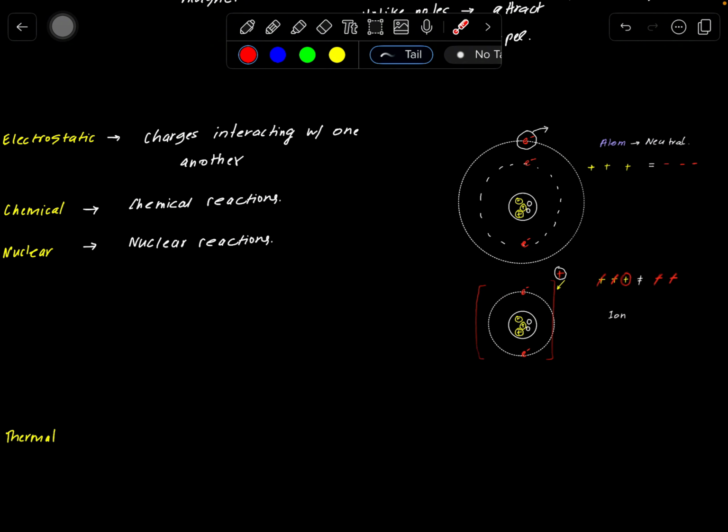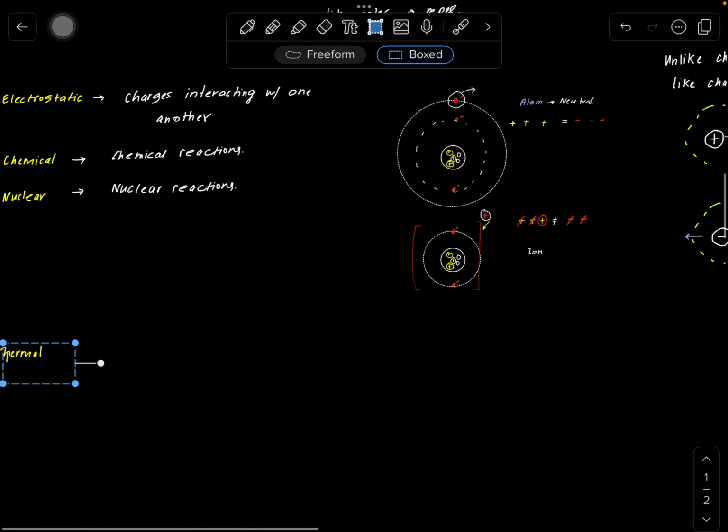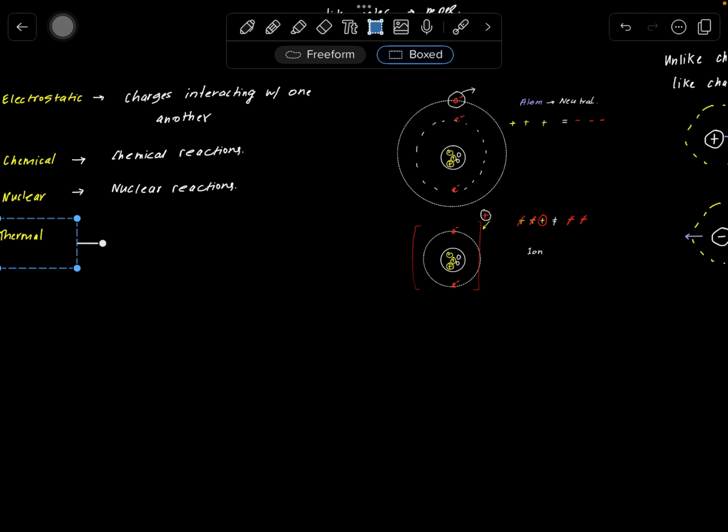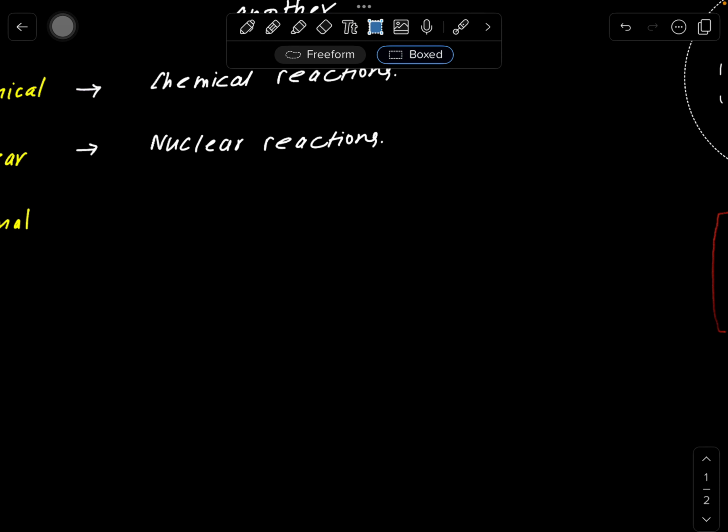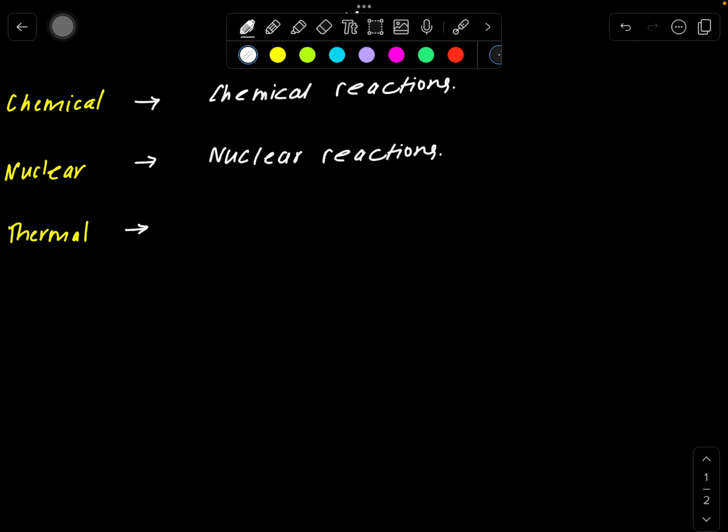And lastly, we have thermal energy. Thermal energy is simply the amount of heat that an object retains. And the hotter the object, the more thermal energy it stores. So thermal energy in very simplified terms can be referred to as the amount of heat in an object.